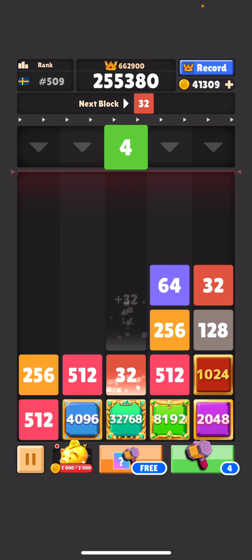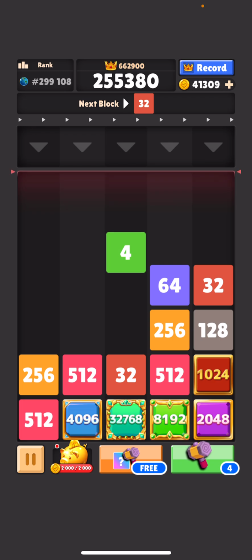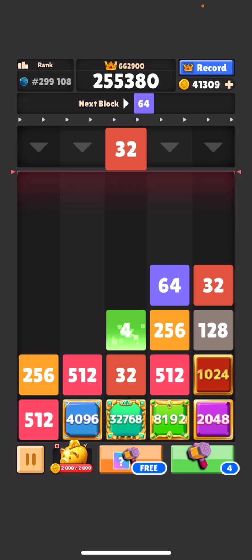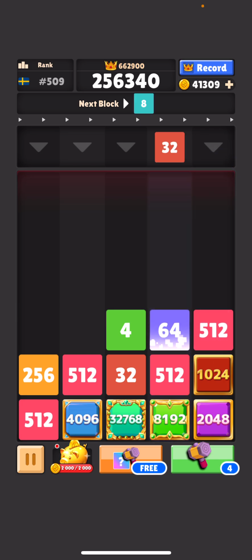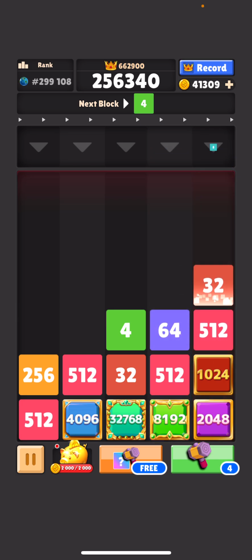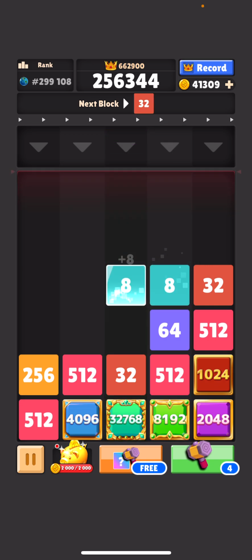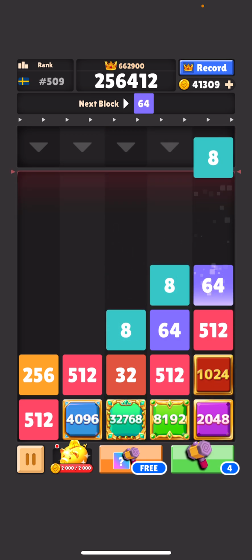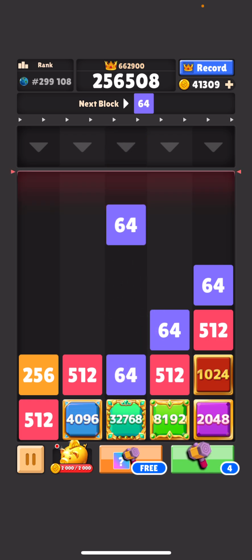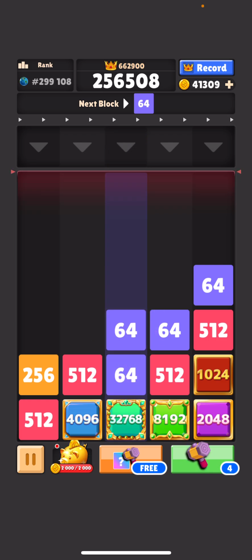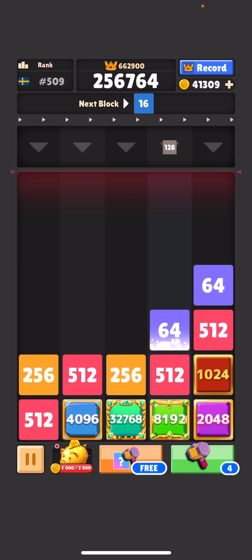Yes. So we need to wait for some higher values. And now we did our second zigzag, you see. And now we have the third zigzag. We have 8s coming down, and we have 64s.